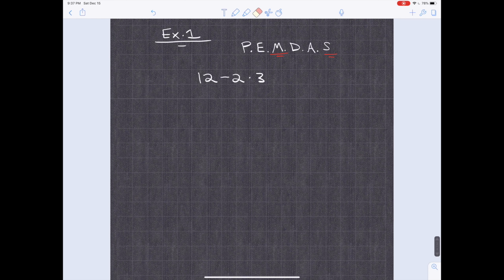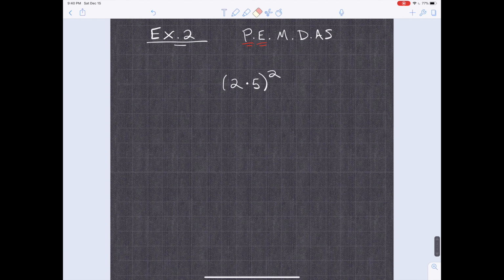We have no other components in the PEMDAS, so the first order of operation here is basically going to be 2 times 3. So I'm going to go ahead and rewrite this as 12 minus, and then 2 times 3 is equal to 6. 12 minus 6 is equal to 6, and so we have our answer.